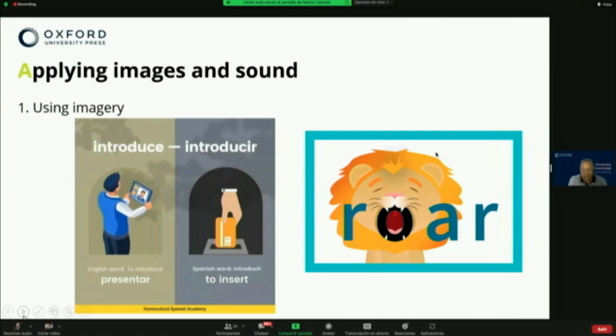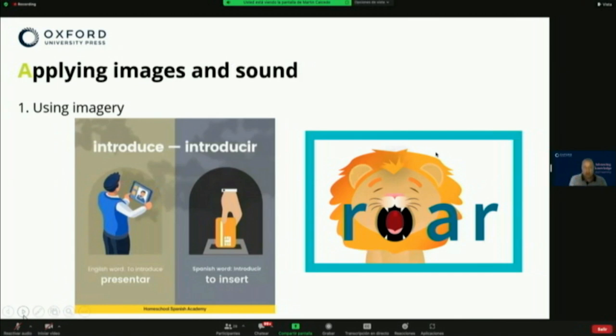Now, relating new information to concepts in memory by means of meaningful visual imagery, either in the mind or in an actual drawing, this strategy can be used to remember abstract words, can be used to learn cognates, can be used to learn new specific action words, something that is more concrete or more abstract.